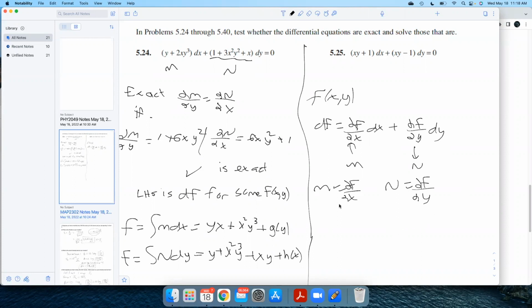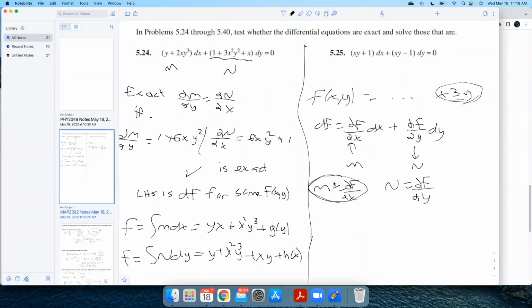So that means that if f here had something in it that only had y's in it, say f had a bunch of stuff and at the end it had a 3y. Well, then if I take its partial with respect to x, that's just 0. That 3y is not going to affect it at all.